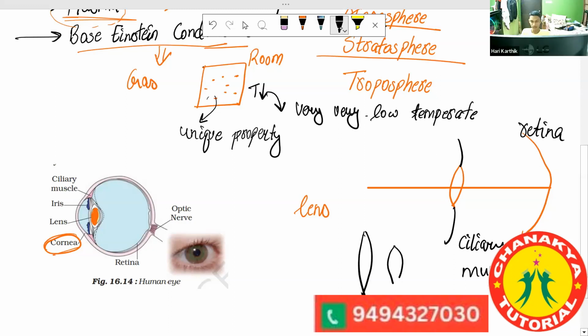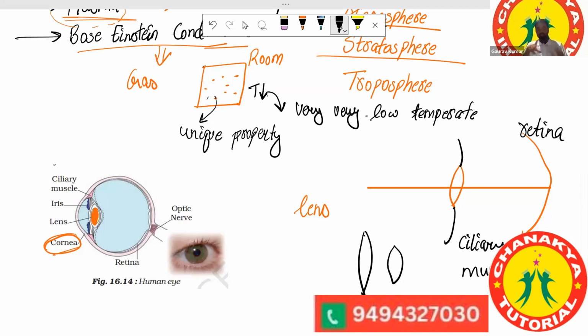Understood, sir. So what happens when people use glasses? Either the power of this ciliary muscle decreases, like with old age, when people are unable to see clearly.